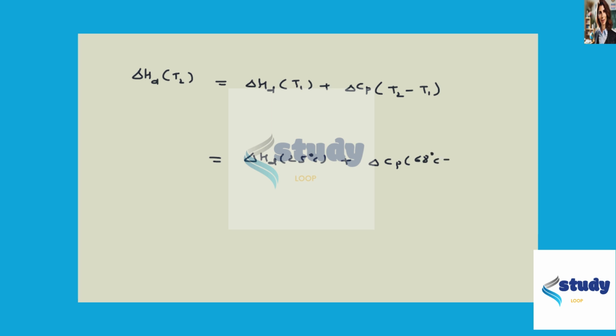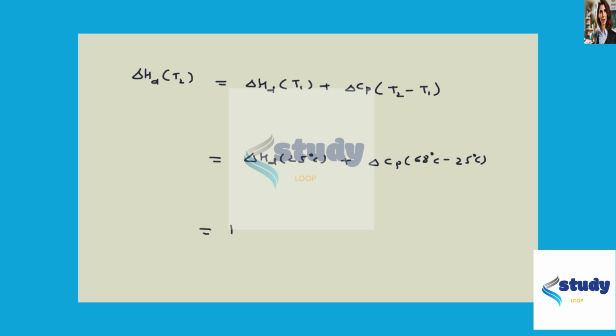In this problem, let us first calculate the value of ΔH_D at T2. It will be equal to ΔH_D at T1 plus ΔCp times (T2 minus T1). So this value will be equal to ΔH_D at 25 degrees centigrade plus ΔCp times (68 degrees centigrade minus 25 degrees centigrade).